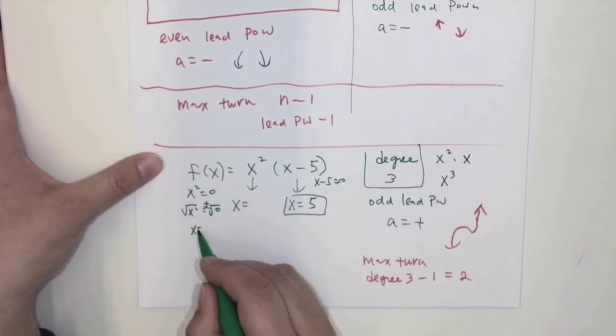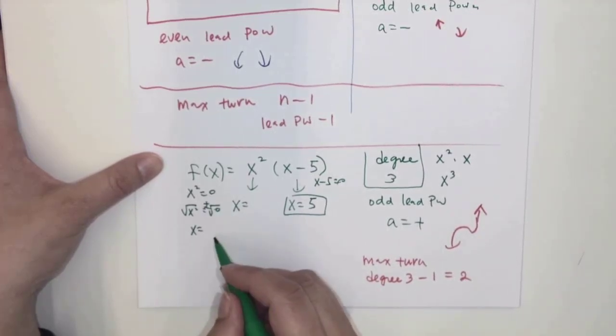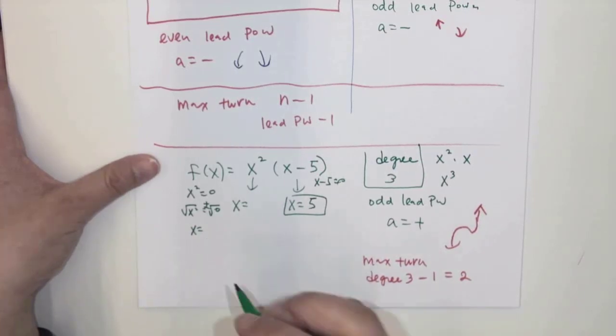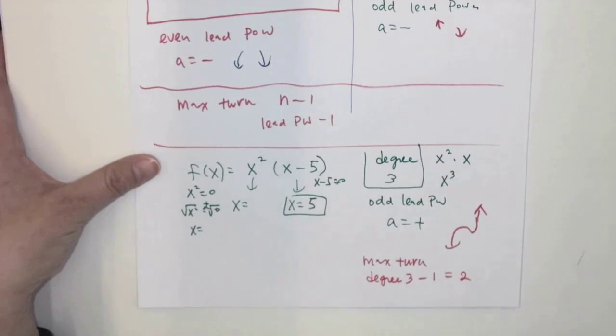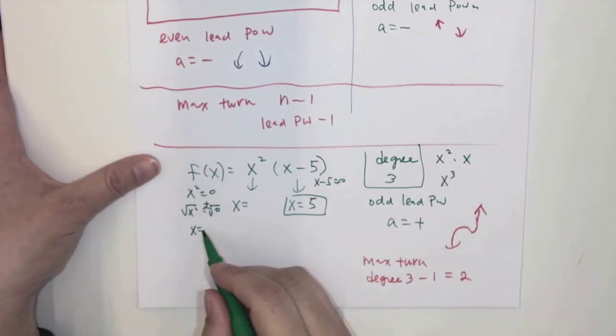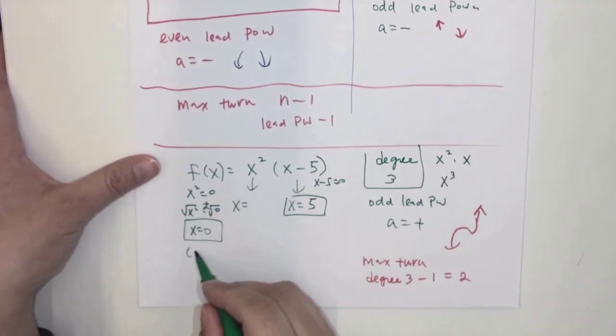X equal to square root of 0, what is the square root of 0? You can use a calculator. This means I need 2 as a group to get out. What times what equal to 0? 0 times 0 equal to 0, so the square root of 0 is 0. So one answer is 0, 0.